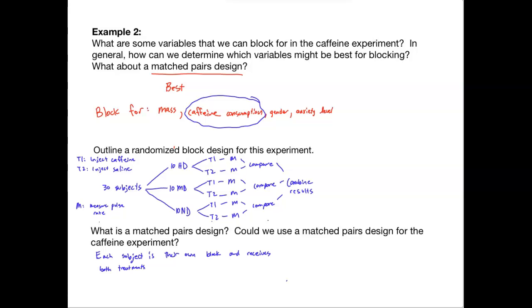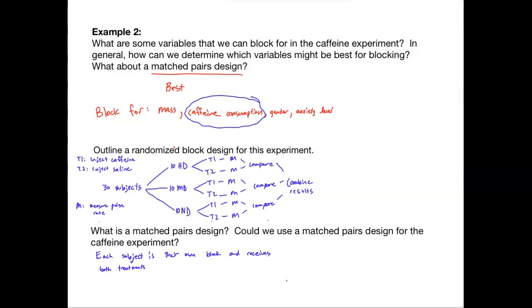So if we were doing this the way I described, if we were literally injecting caffeine, right, what we would have to do then is, for a matched pairs design, everybody would have to receive treatments on different days, right?